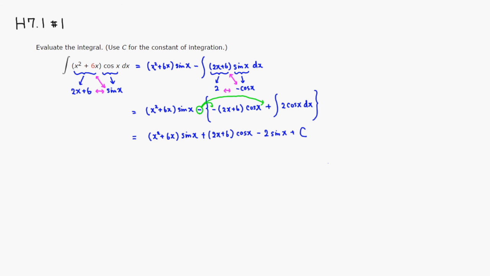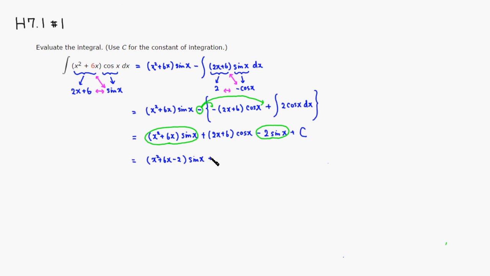In this case, the first term and the third term both have sine in it, so I'm going to just group them together. We have x squared plus 6x from the first term, and a minus 2 from the third term, so we're going to group those together.